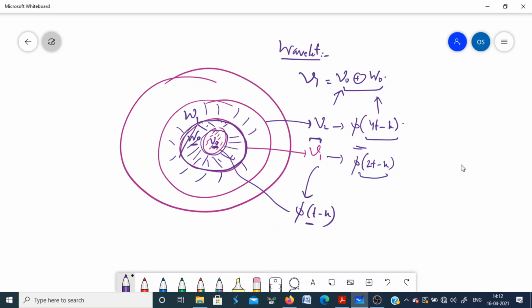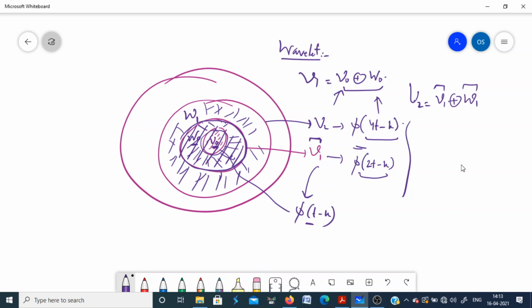This is the space of V1, and this is the space which is left, W1. So this is covered by the wavelet, not the scaling functions. It means V2 can be taken as the union of V1 and W1. So V2 covers more space. Some part of that is covered by V1, and the left part is covered by W1.